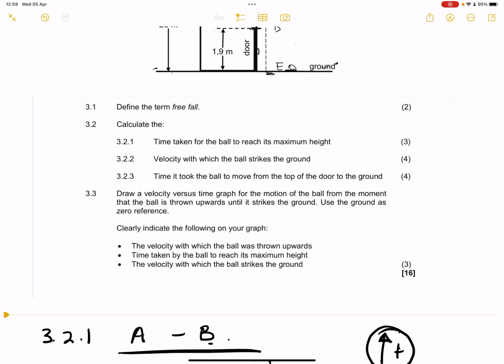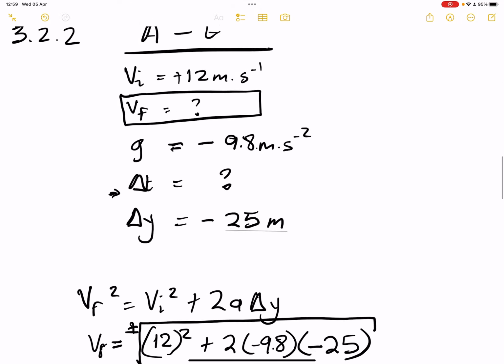Clearly indicate the following on the graph: the velocity with which the ball was thrown, the time taken for the ball to reach maximum height, and the velocity with which the ball strikes the ground. Now, ladies and gents, whenever they ask you to draw these type of graphs, please note that you will already have all the information that you need. So let's do that quickly.